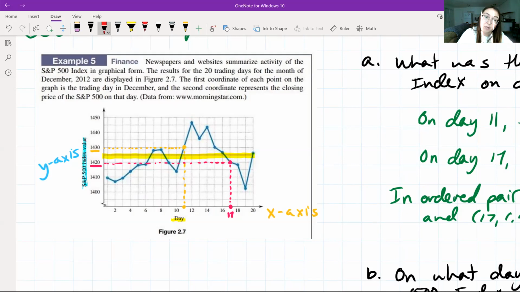It looks like our very first point here is this point right here, which if we track down, has an x coordinate of 5, and we just need to know it's above 1,425, so we don't actually have to know the y value.